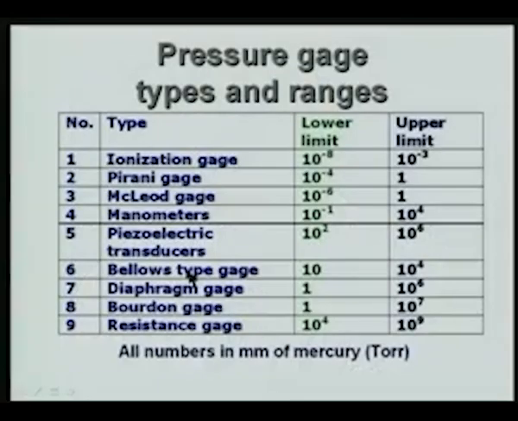We can also use what are called bellows type gauges. Bellows type gauge is essentially a spring. The bellows acts as a spring, and inside the bellows you have the pressure which needs to be measured, and the bellows will either expand or contract depending on the pressure difference between the inside and the outside. And what we are going to do in the case of bellows type gauge is to convert the pressure information to a displacement.